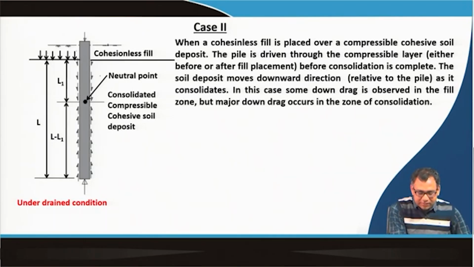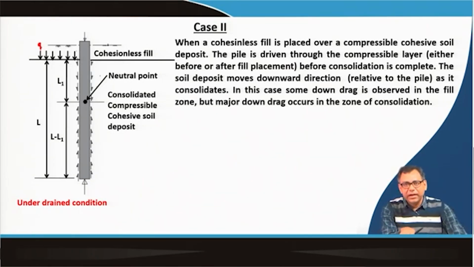Here, the cohesionless soil is acting as a surcharge, which is acting on top of the existing compressible cohesive soil. That means if the length of the pile is not large enough, then most of the pile friction will be negative skin friction.